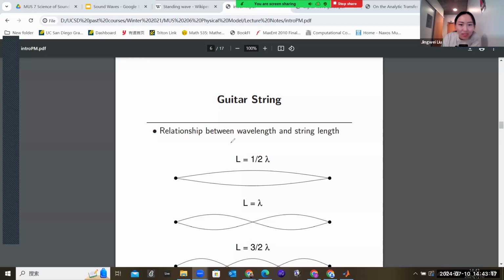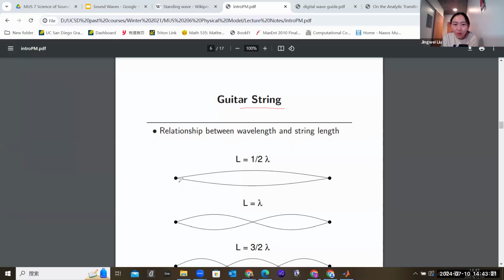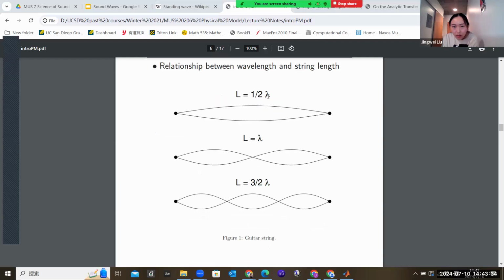I don't remember the name of instruments, but yeah, just general string instruments with 2 fixed ends. Okay. So when we talk about the harmonics, what harmonics will exist on this model? Right. It will be half the lambda, 1.5 lambda.